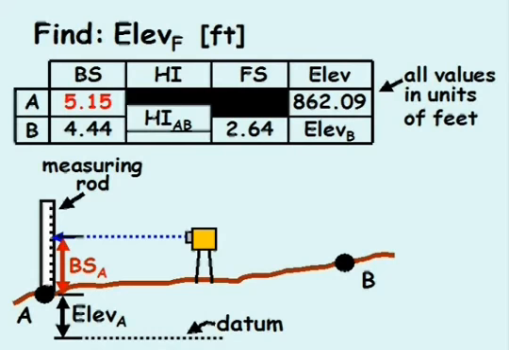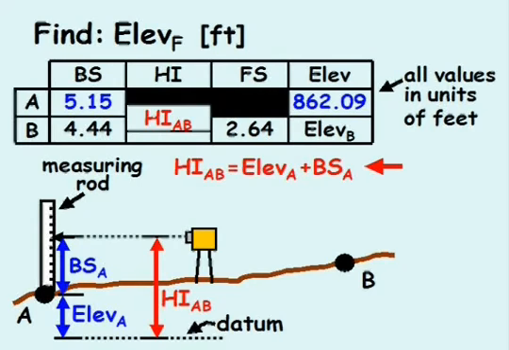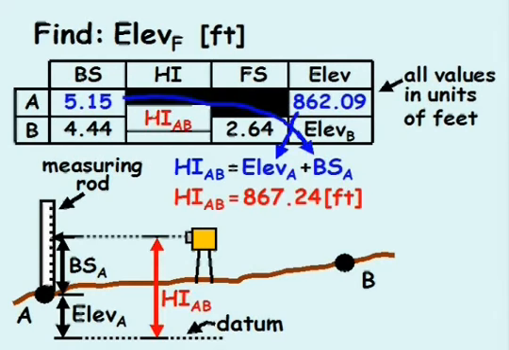As mentioned before, the height of the instrument AB is the vertical distance between the datum and the elevation of the line of sight. Now we can compute the height of instrument AB as the elevation at point A plus the backsite reading at point A, which equals 867.24 feet.